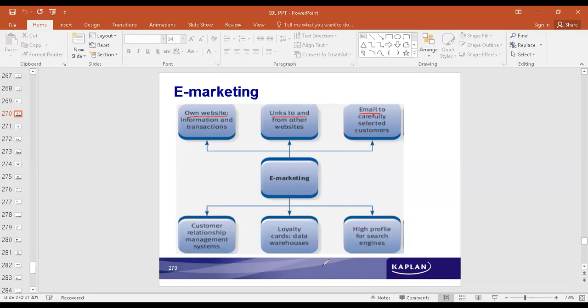So loyalty cards, then high profile for search engines. So through having SEO, search engine optimization, high profile for search engines.